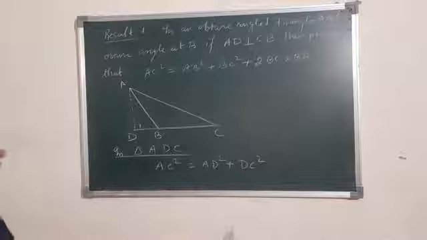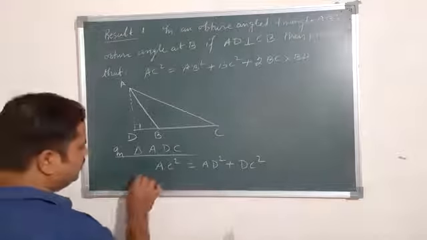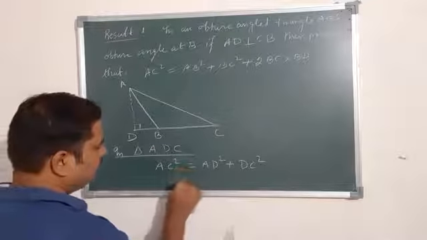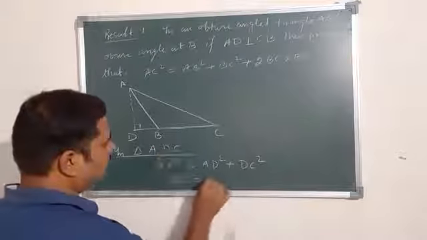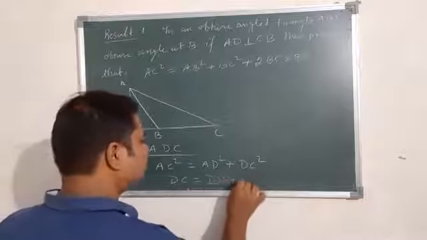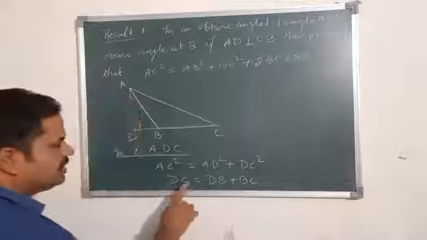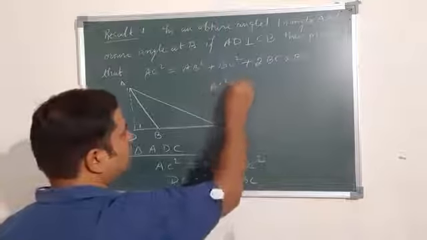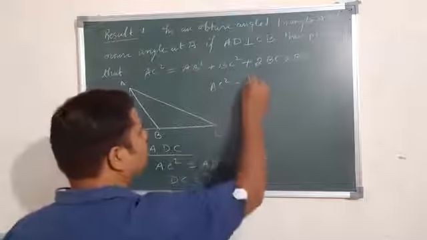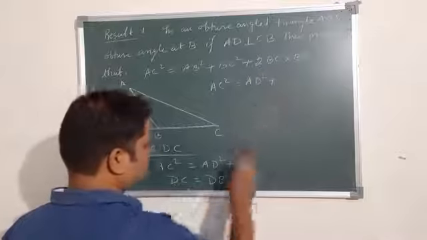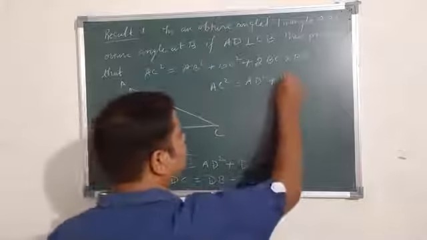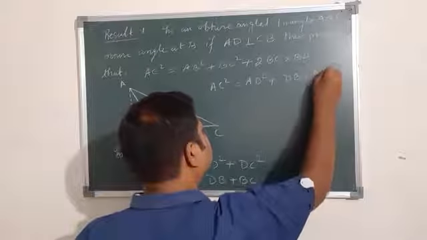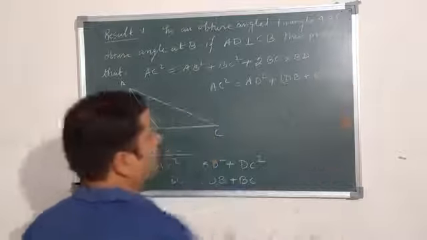So we put this value, since DC is equal to DB plus BC, in this equation. We get AC square is equal to AD square plus DB plus BC whole square.